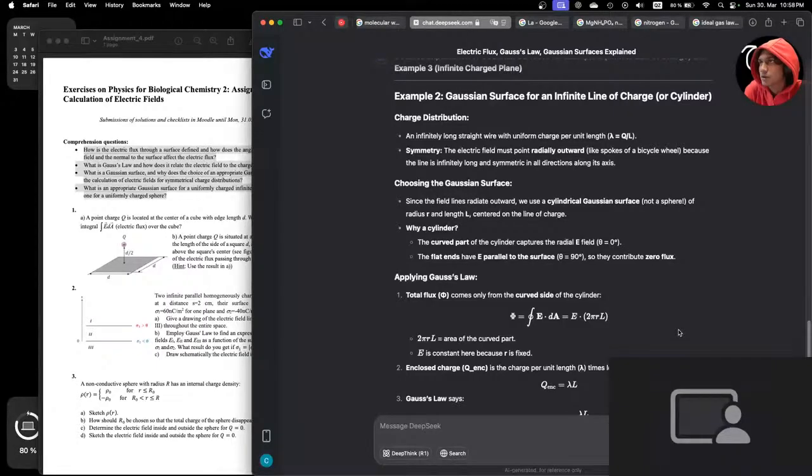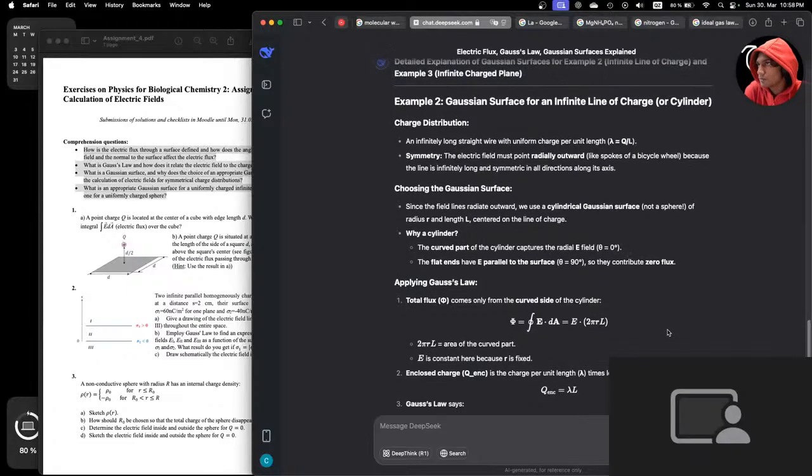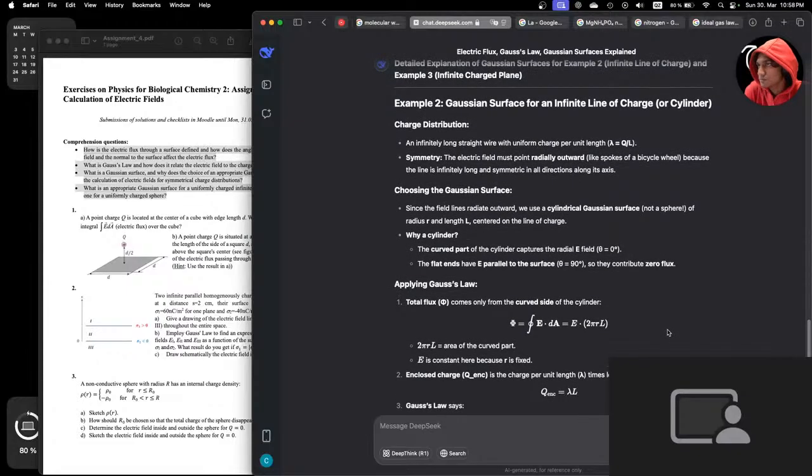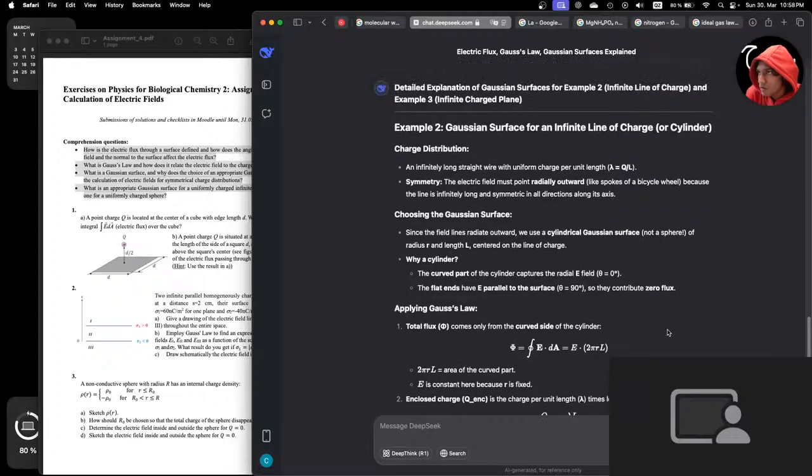Long straight wire, uniform charge per unit length. Mm-hmm.